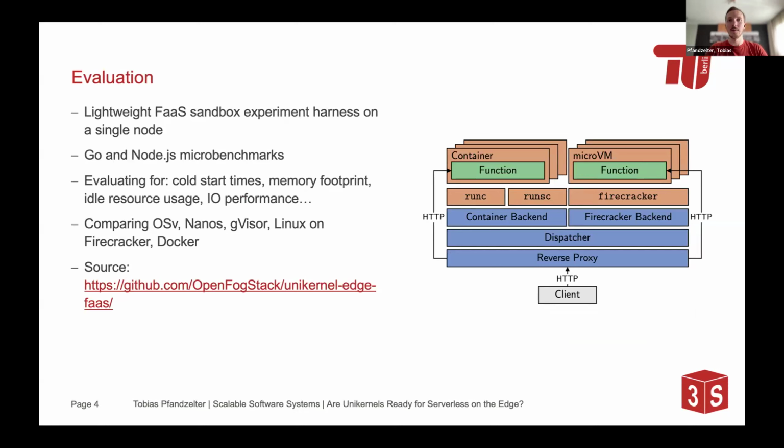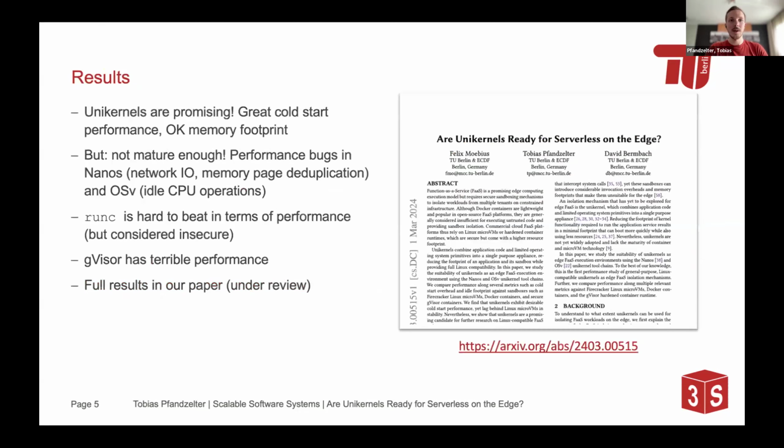You can go look at our experiments and find out how to implement those yourself. Our results show that Unikernels are in fact promising. We got great cold start performance with an okay memory footprint, especially compared to Docker. Docker is very hard to beat in terms of everything because it's so lightweight, but of course it's not as secure as the other environments.